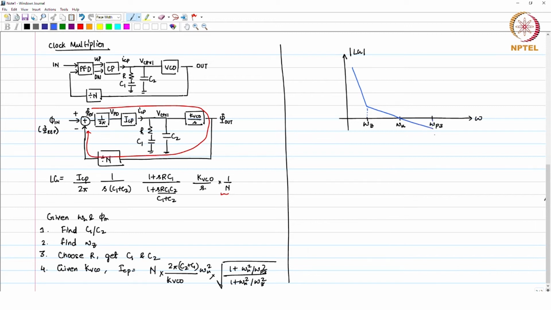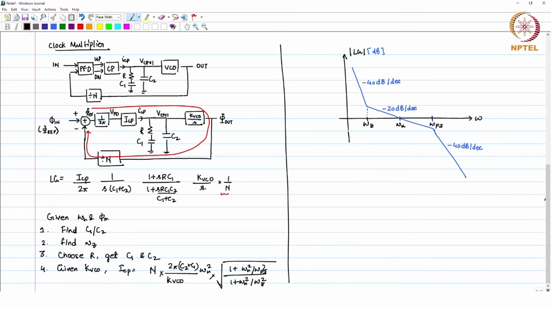Here you will see minus 40 dB per decade, here you will see minus 20 dB per decade, and this is going to be again minus 40 dB per decade.